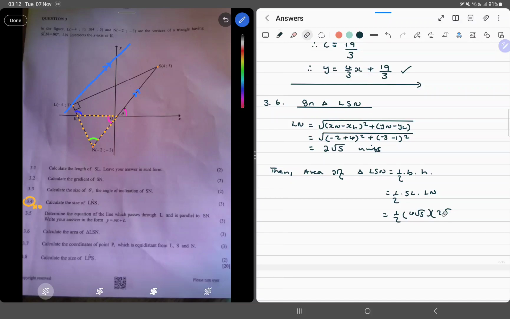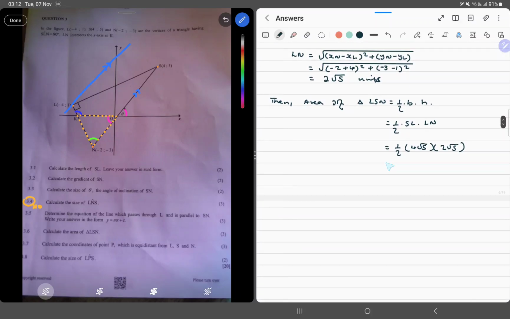So this is equal to a half of 4√5 times 2√5. Okay, so this is equal to, half of 4 is 2. 2 times 2 is 4.